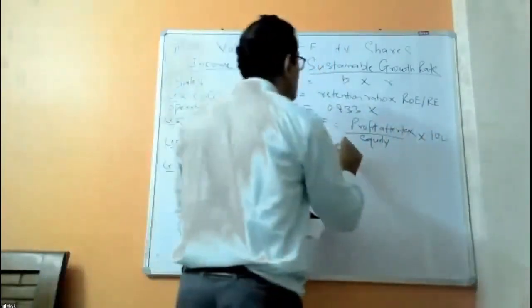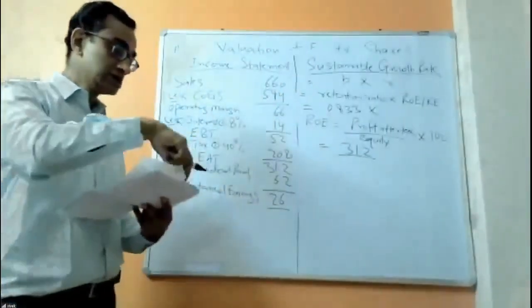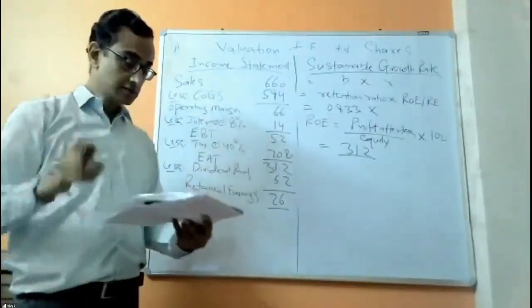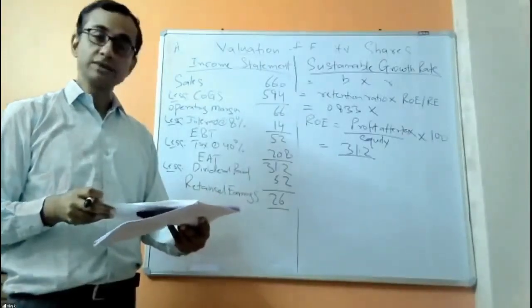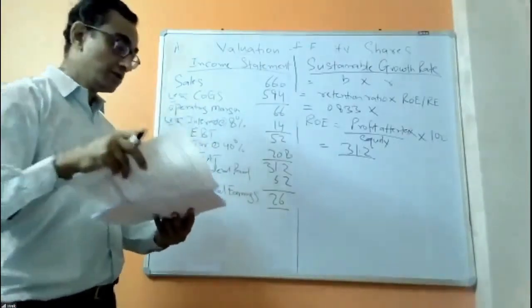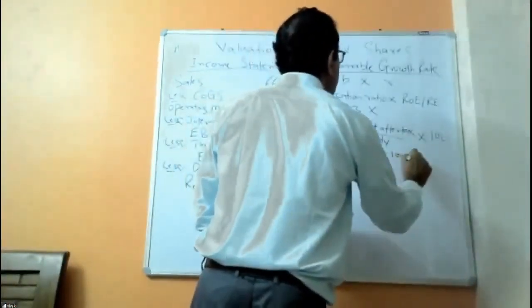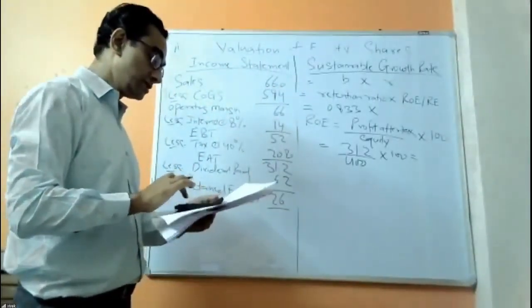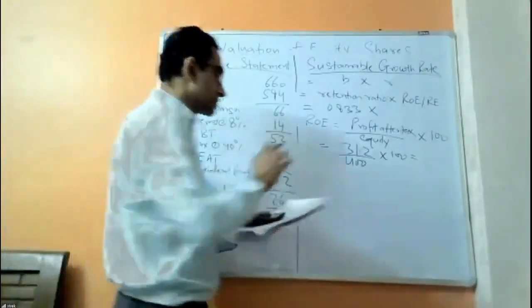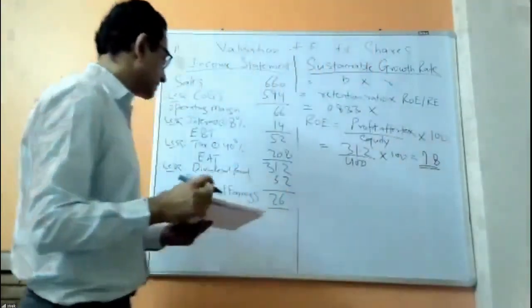Profit after tax we have calculated as 31.2. Equity is equity shares plus reserves and surplus: equity shares is 100, reserves and surplus is 300, so it is 400. So 31.2 divided by 400 into 100 is coming to 7.8.